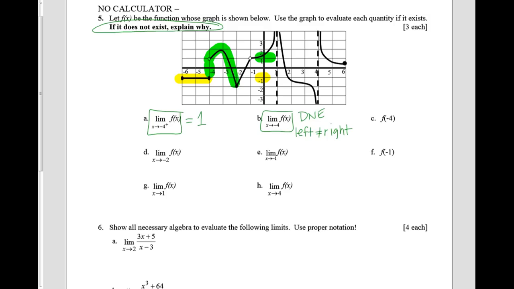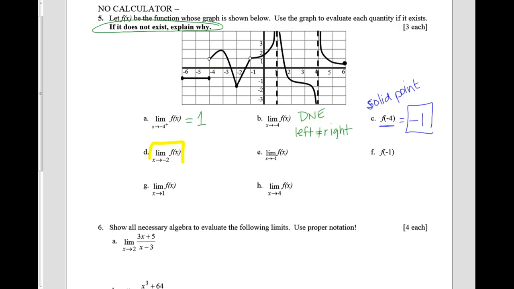And then the last thing dealing with -4 is to find f of -4. That's where is the solid point on the graph, if there is one. So the limit's where the road is going, whereas f of a value is where is the graph solid. And the solid point for this function was on the left branch, or down there at -1. So f of -4 is equal to -1.